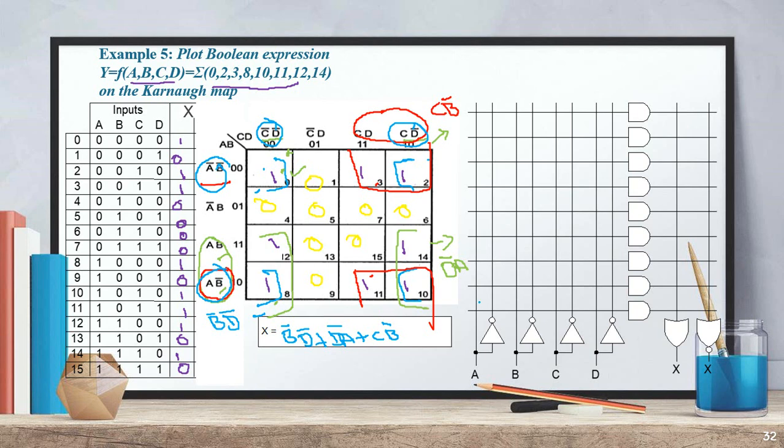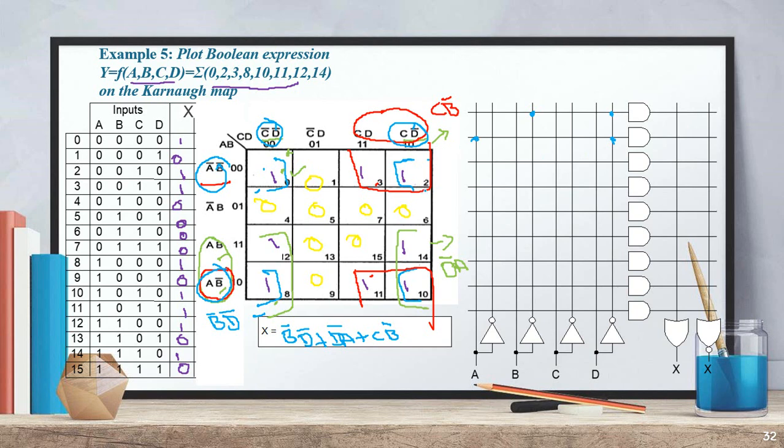After simplifying this, just draw the logic diagram. In this case, first is B bar D bar. B bar is usually this portion and D bar is usually this portion. Next we have D bar A. D bar is again this portion and A is the first one.